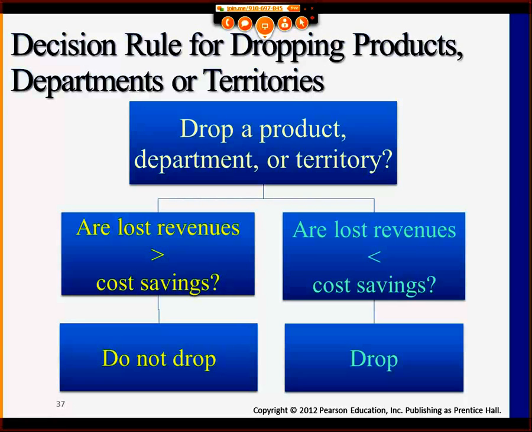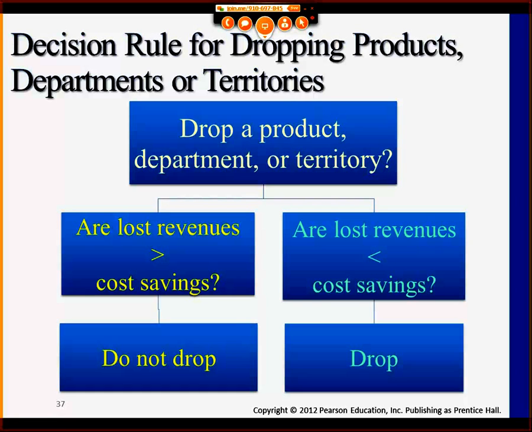If the lost revenue is less than cost savings, then we're going to drop that product. So what we need to do is compare the lost revenues against the cost that can be saved, right? And that we're going to do considering what we need to do with the freed capacity. All right.